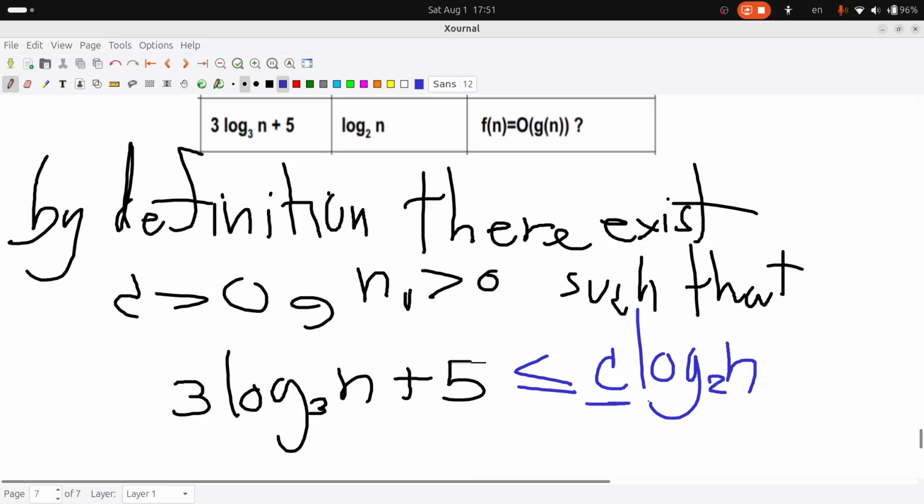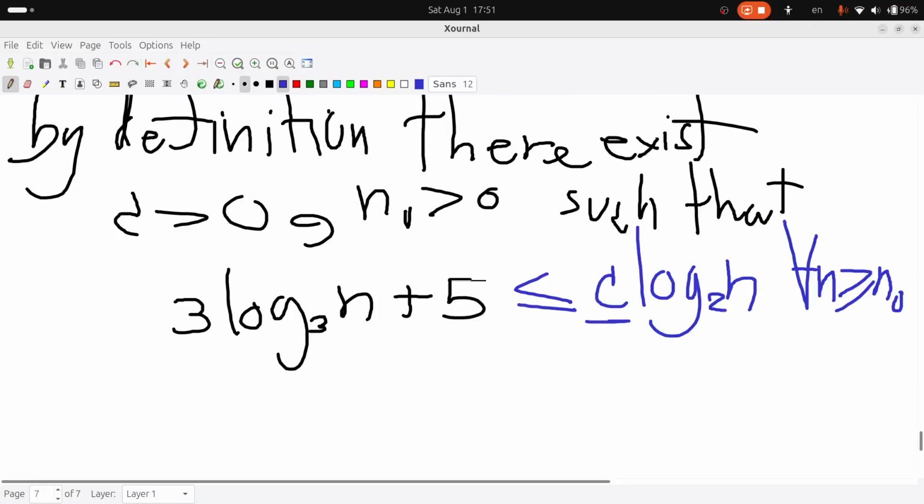We have to find this constant c and the starting point. So we are going to prove this one.